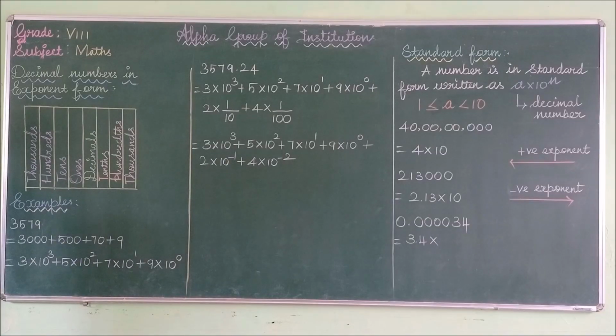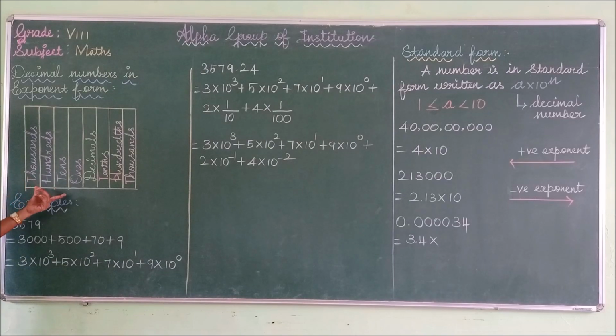The topic is decimal numbers in exponent form. Before going to that, what does the number system start from? Ones, tens, 100, 1000, 10,000, lakh, 10 lakh, like this it goes on.